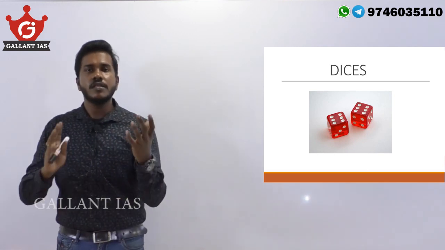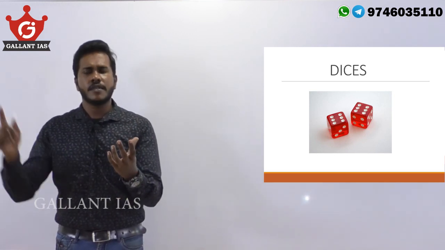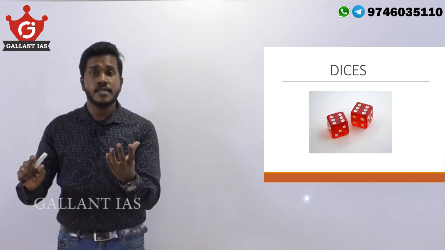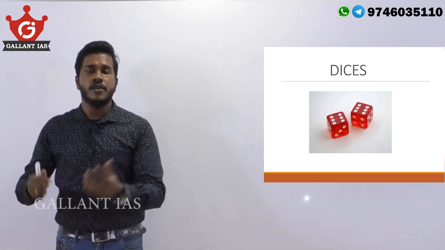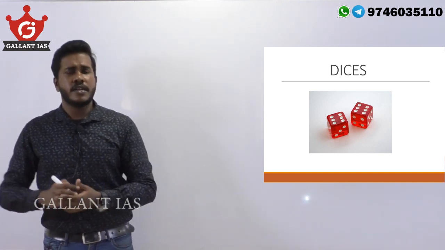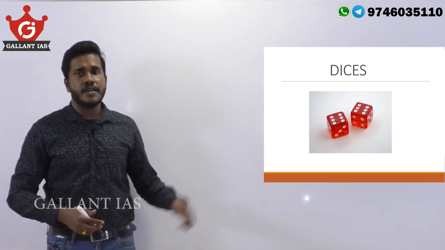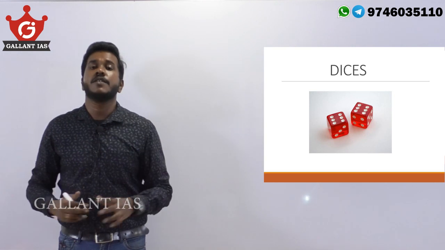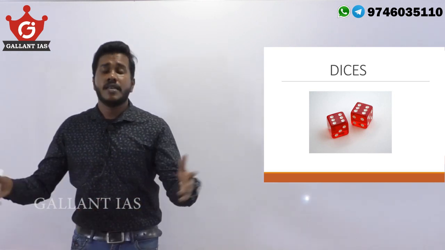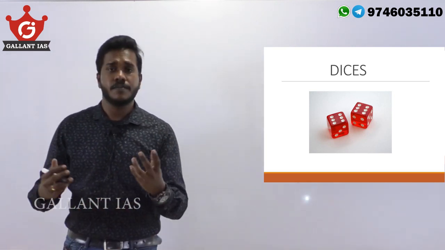In all the 6 faces of the cube, if it contains some sort of values, then that is known as a dice. There are many features in which cubes and dice are similar. So in order to study a dice, we need to know some basic features of a cube also. So what are the basic features of a cube?